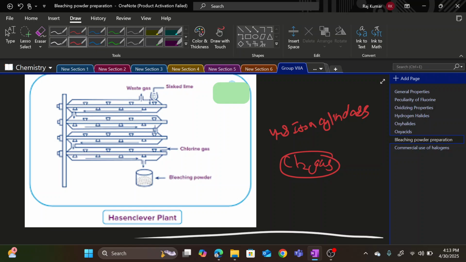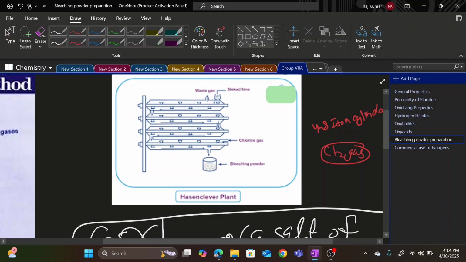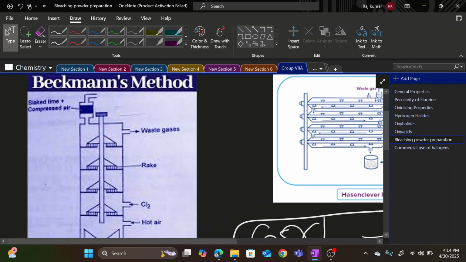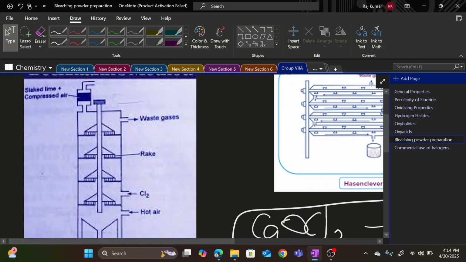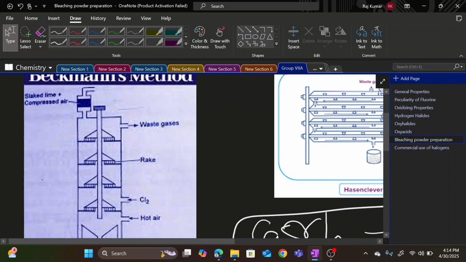Likewise, during this reaction, it is required that there should be a catalyst, or a bit of hot temperature. If there is no hot temperature, it tends to be ineffective, and some of the chlorine molecules do not react with slaked lime to produce calcium hypochlorite. So a better version of this was given by Bachmann's method, and that again involves the exact same material.